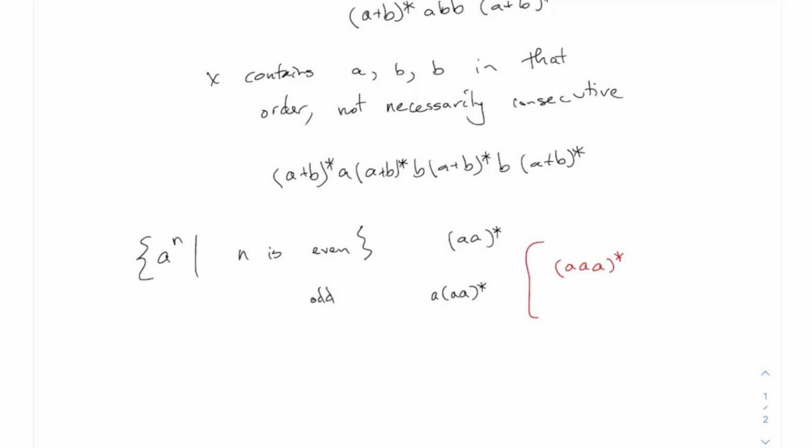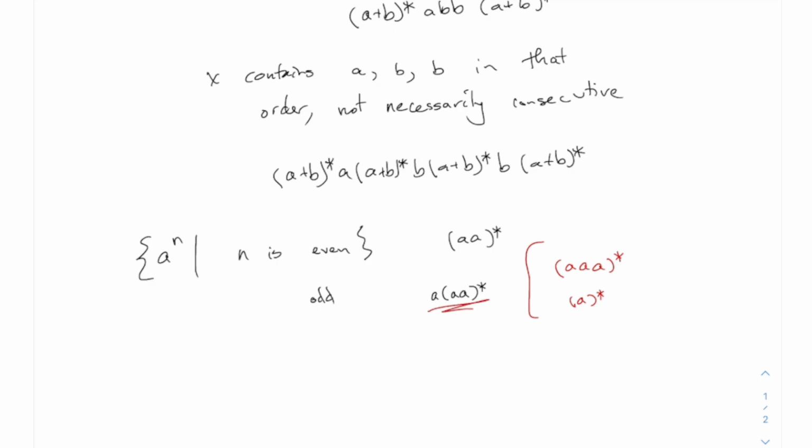That, what does that give you? That's not always going to be odd. What will that give you? Multiple of 3. Yeah, it'll give you where n is a multiple of 3, right? So that's not quite what you need. And you also don't want something like that, which would just be a to the n where n could be anything. So it's got to be like that if you want it to be odd.